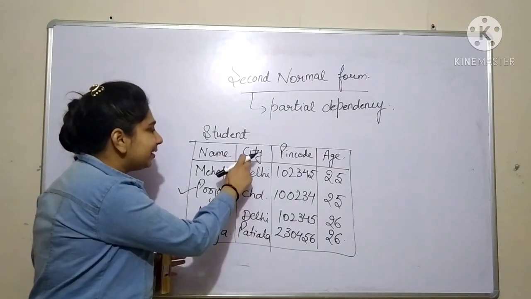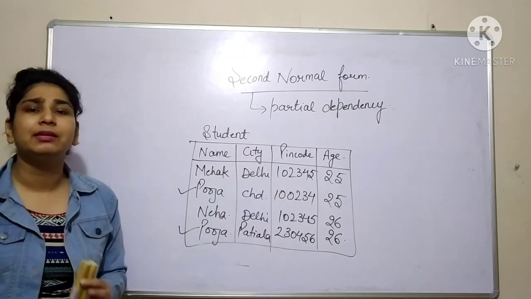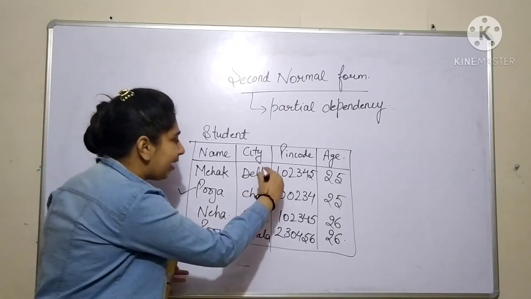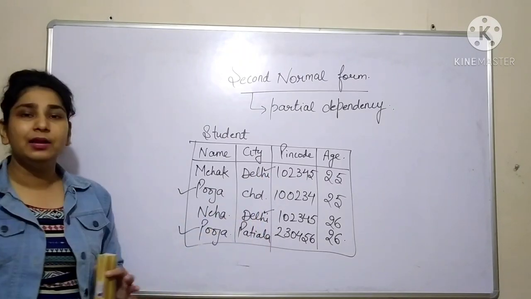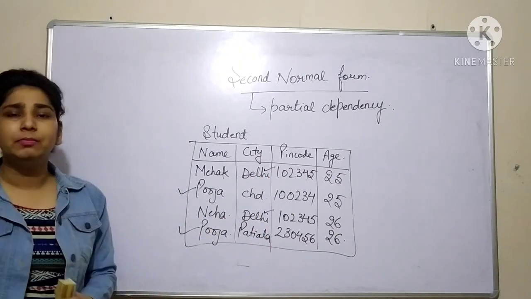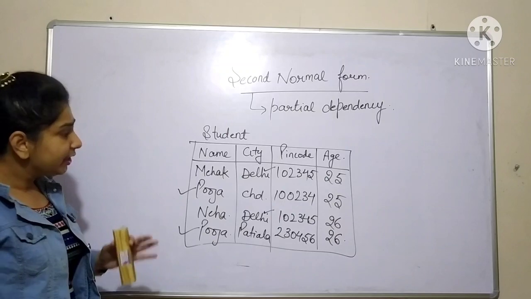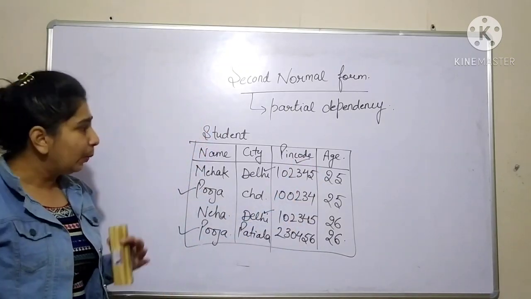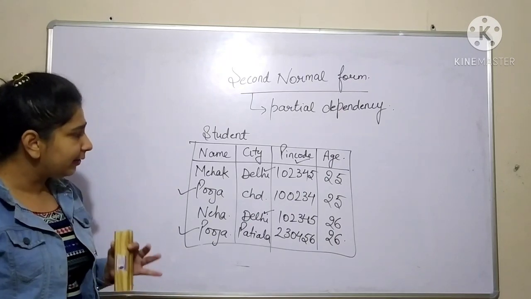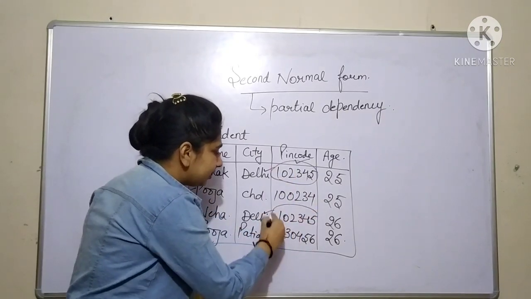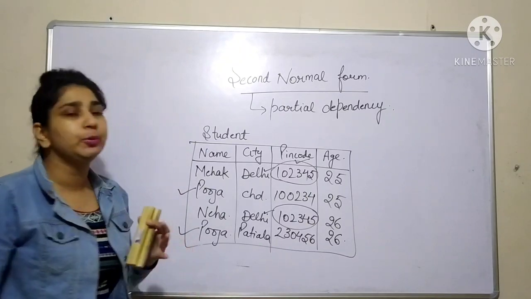If you look at the city attribute, we can't use city as the key attribute. Why? Because we have two Delhi. The rows are not all unique; there is some redundant data present in this attribute. Similarly, we cannot use pin code as the key attribute, as all the values of pin code are also not unique.